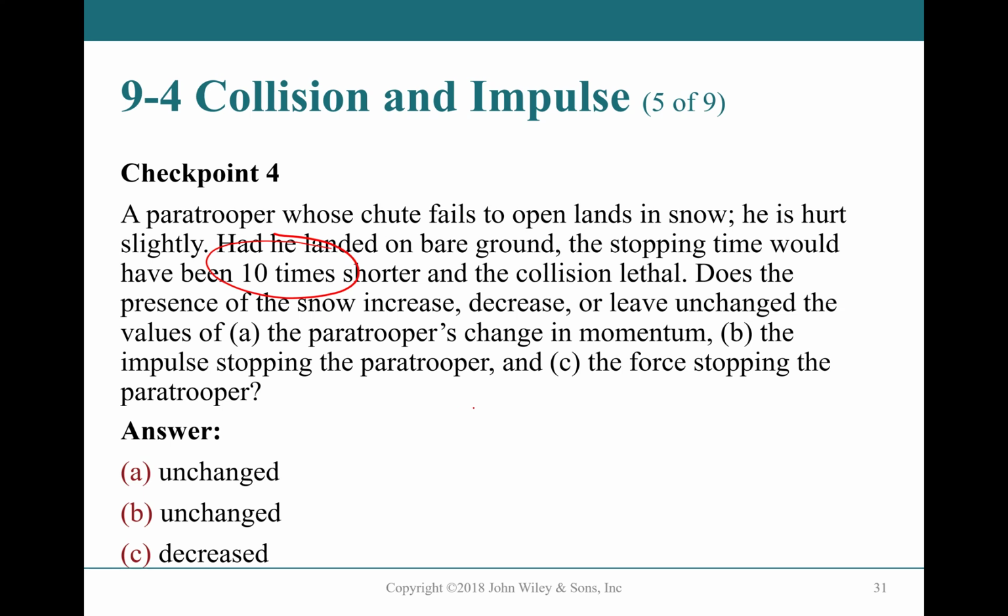So see here, F delta t will be equal to delta p. The change in momentum will be the same because he will stop. From initial velocity, v initial, to stop, v final, which is 0. So the velocity change will be the same.